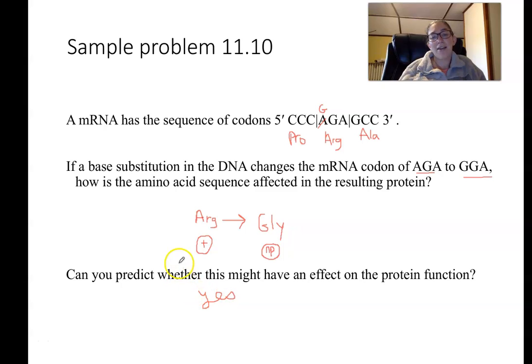I would predict that this would have an effect on the protein function because they have very different chemistries, different attractions that will affect the three-dimensional structure, because this arginine might be involved in a salt bridge that holds the 3D structure together, and now it can't do that salt bridge because we've put a glycine there. So yes, I would predict that it would have an effect on the protein function.